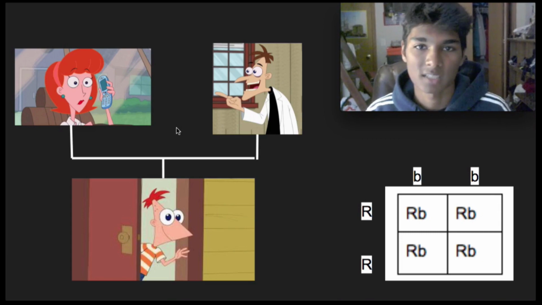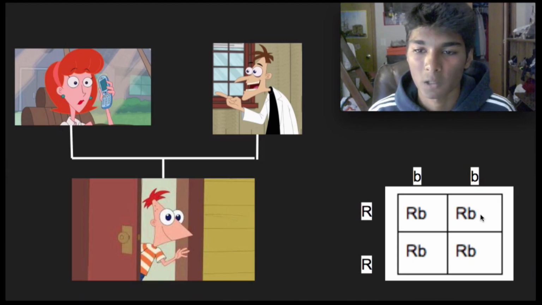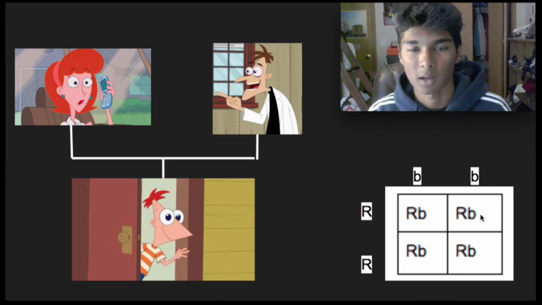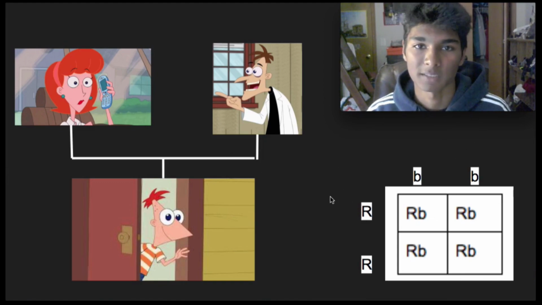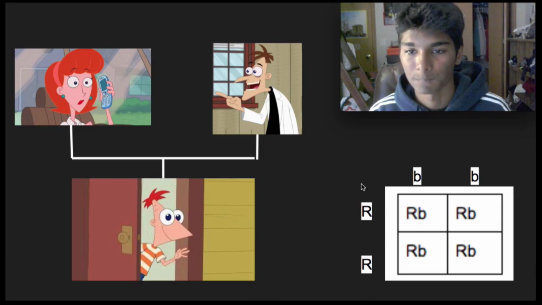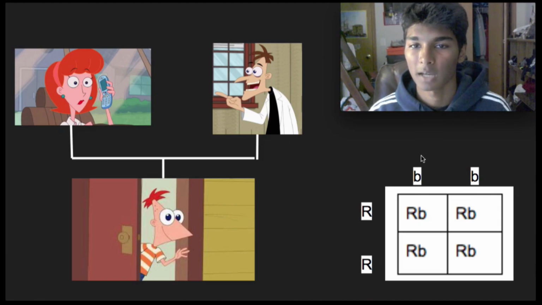The trait we're going to be discussing for complete dominance is hair color. I've constructed a Punnett square in the corner here, and there are actually many different Punnett squares possible for this scenario, but I'm using this one to help explain complete dominance. Over here we have the homozygous red genotype, which is Linda's genotype, and the homozygous brown genotype is Doofenshmirtz's genotype.